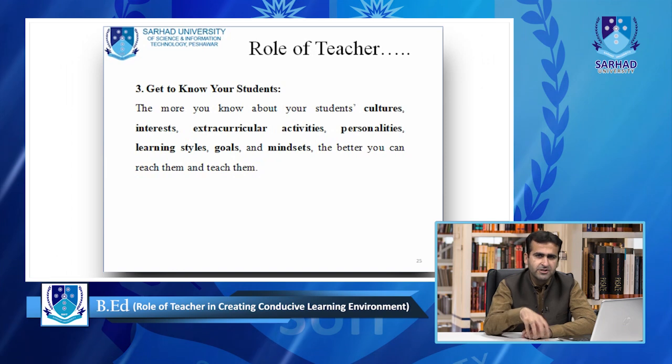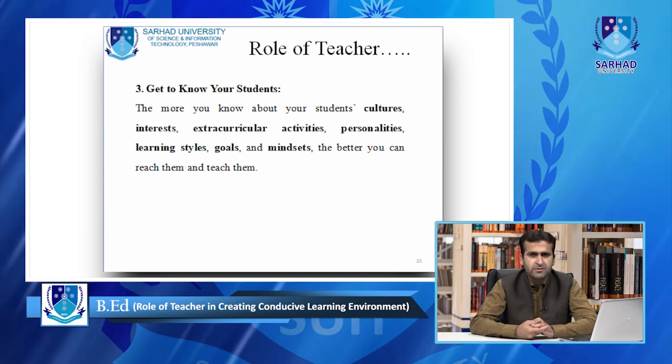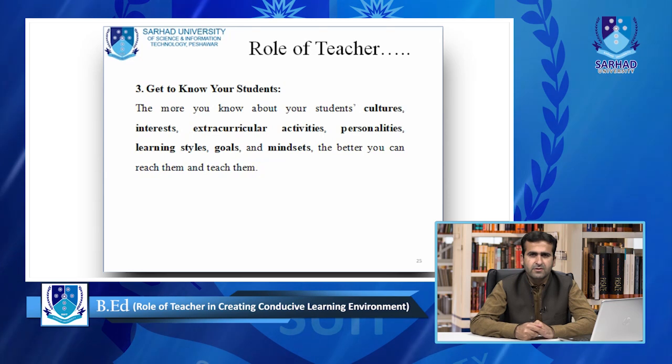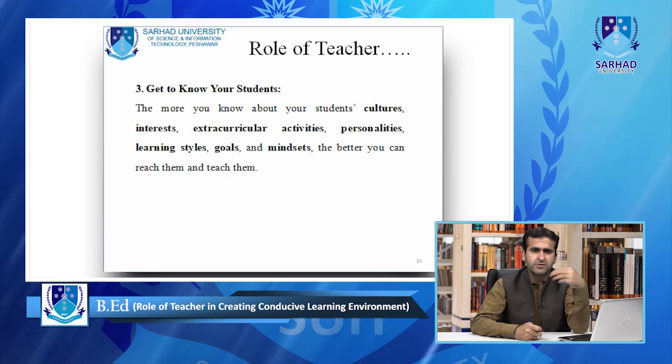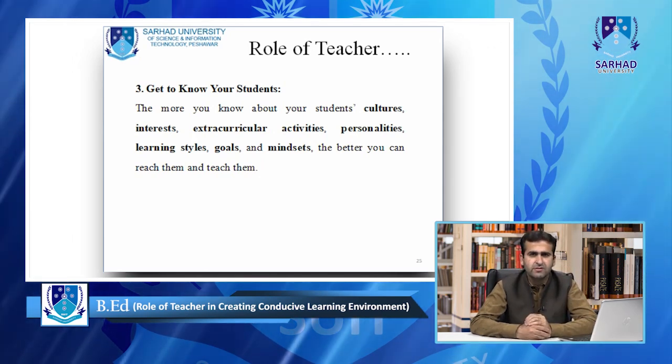And also the teacher needs to know the mindset and goals of the students. If a student takes interest in maths or physics class, it means for the next level of education, the student wants to join pre-engineering or maths or physics level courses.